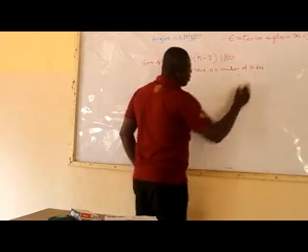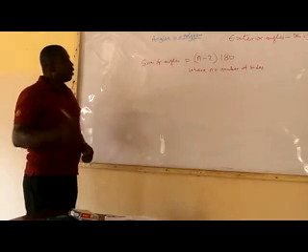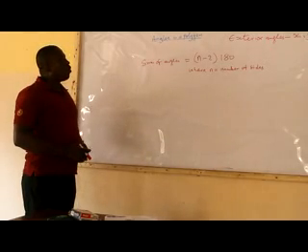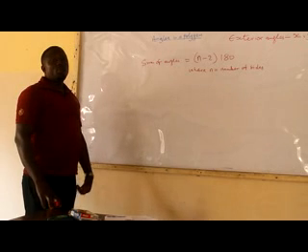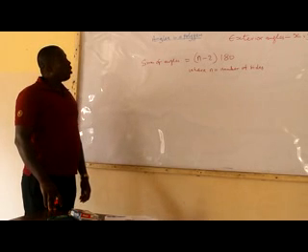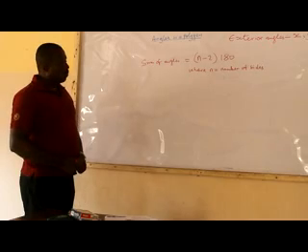Just like we did before, if you remember when we mentioned types of polygon, we said that a polygon with 3 sides is called a triangle. A polygon with 4 sides is called a quadrangle or quadrilateral. A polygon with 5 sides is called a pentagon.